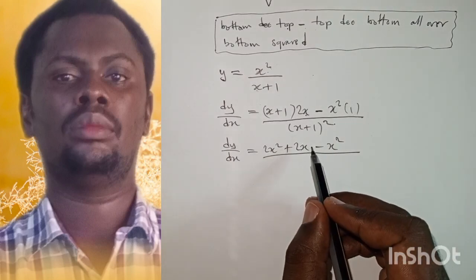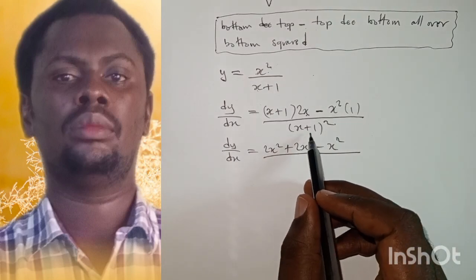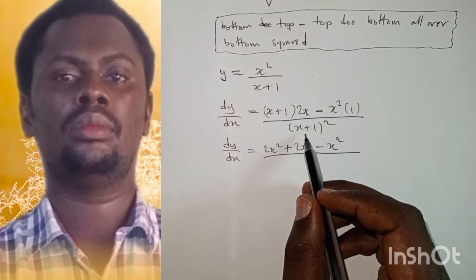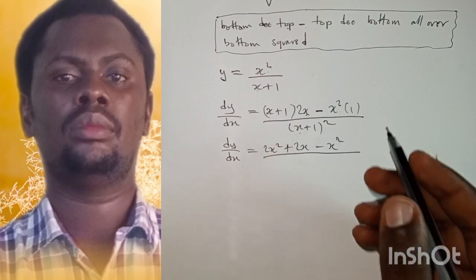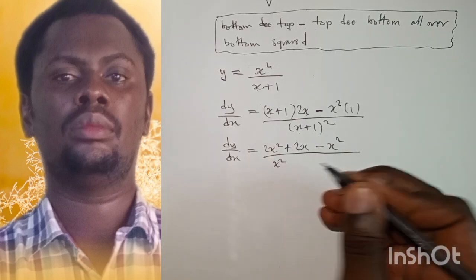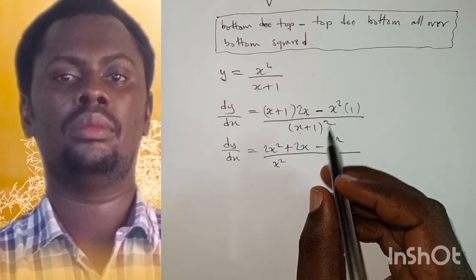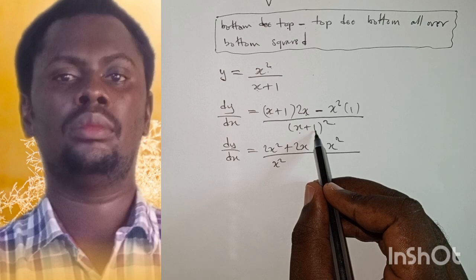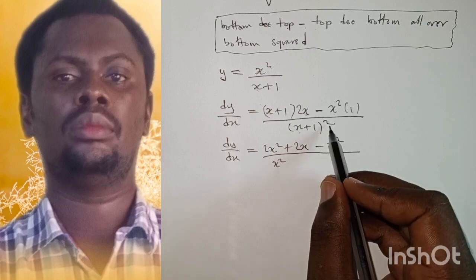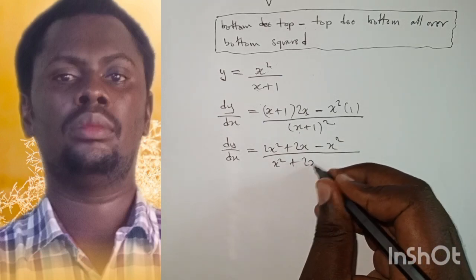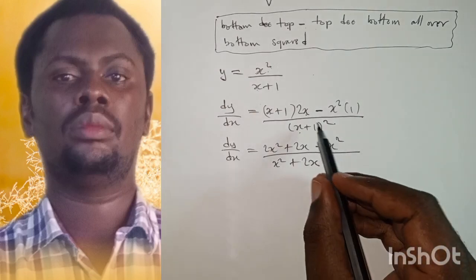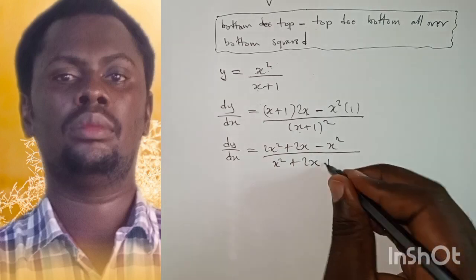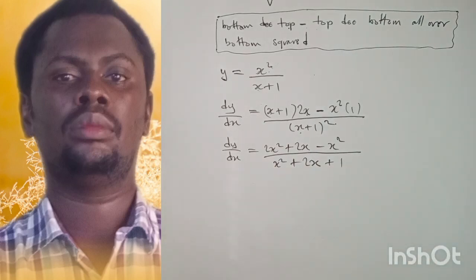The easiest way of expanding x plus 1 squared: first you square the first term, that is x squared. Second, the product of the first term and the second term, x multiplied by 1, times 2, that is plus 2x. Lastly, you square the last term, 1 squared is 1, so plus 1.